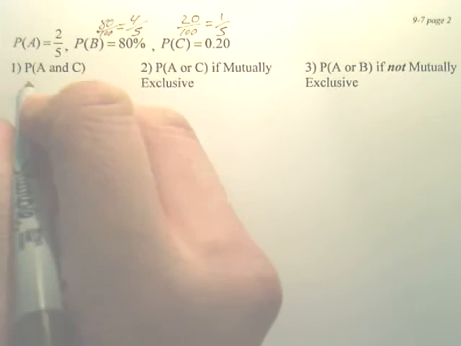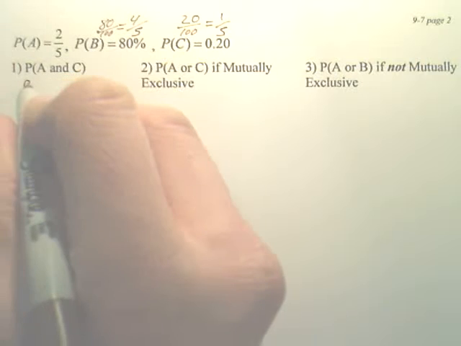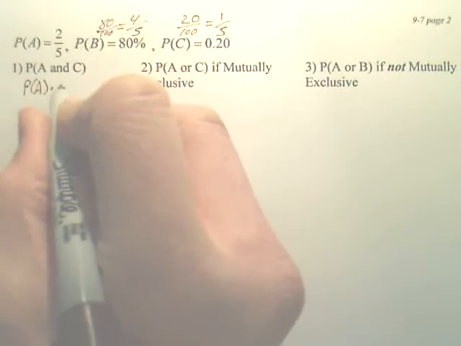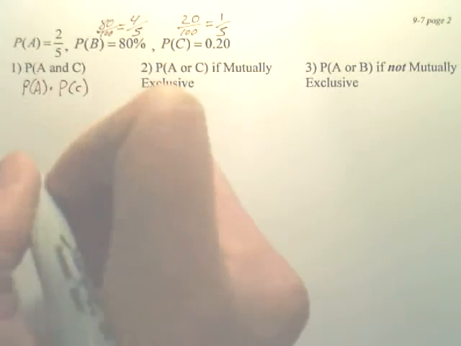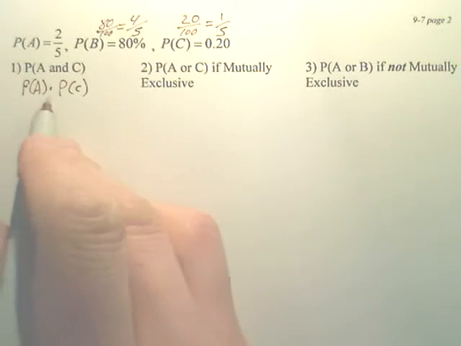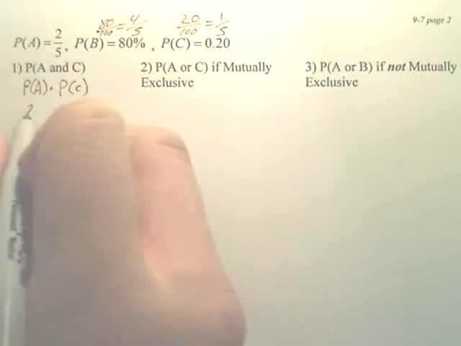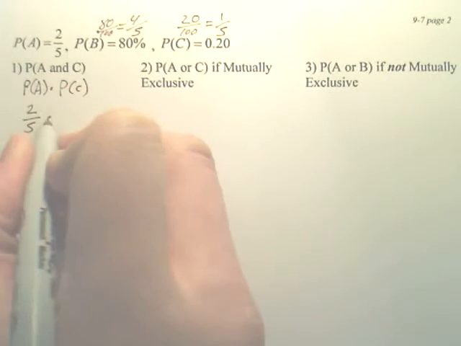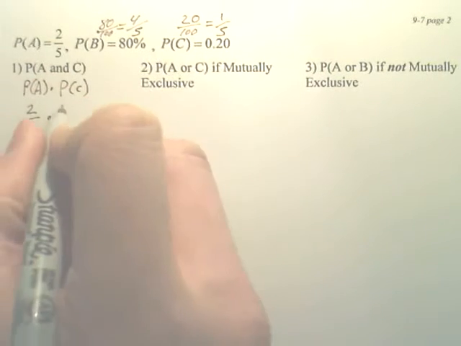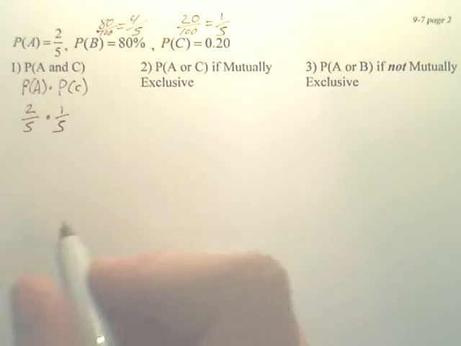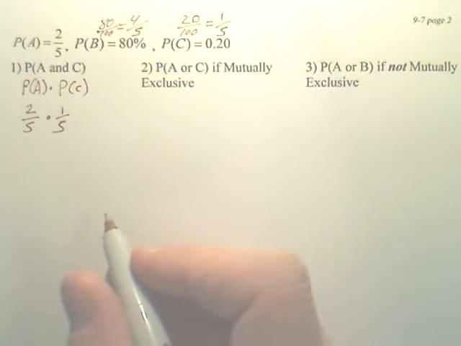The probability of A is 2 fifths. So do you understand this would be probability of A times probability of C, according to your notes? Do you understand and means multiply? A is 2 fifths, and C is 1 fifth, so wouldn't you just simply multiply these two?